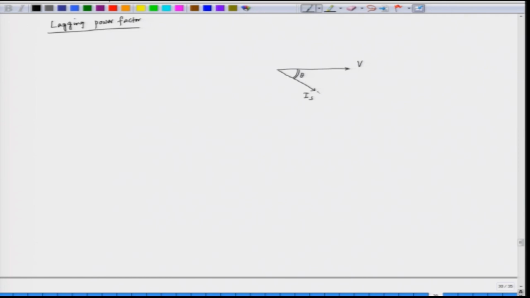So, we have to find out E here. This is minus j Is Xs, these are all phasor quantities. So, we get the induced EMF E, which is induced by the field winding, and this is the torque angle, that is delta, and for the motor E lags behind the voltage by an angle delta. So, this is for a lagging power factor.